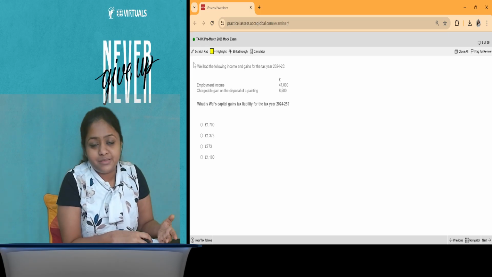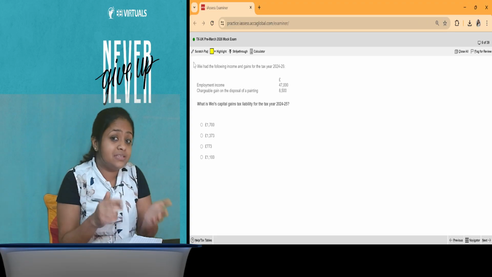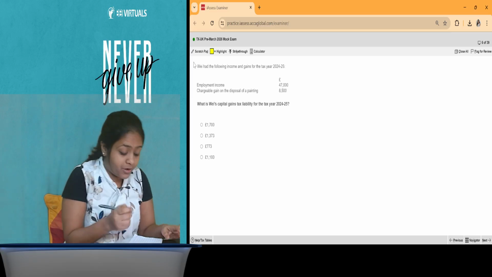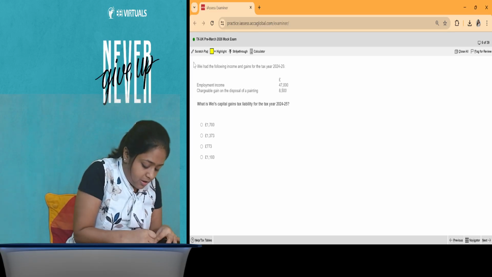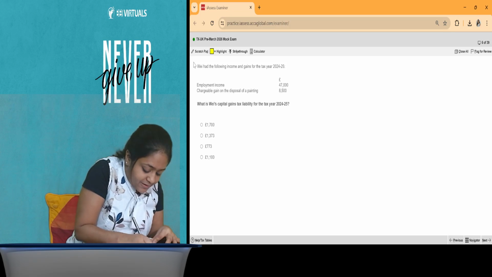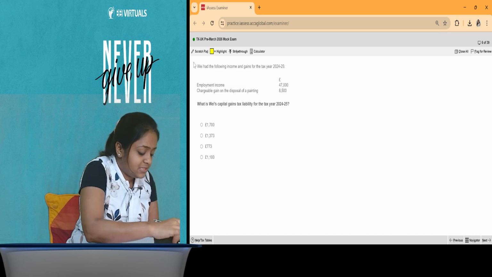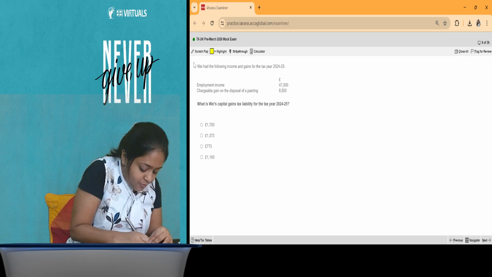Employment income is given so that you calculate the taxable income and then see what is the basic rate band remaining. That's the only touch point here. So let's calculate. Taxable income will be 47,000 less 12570, which is 34430.